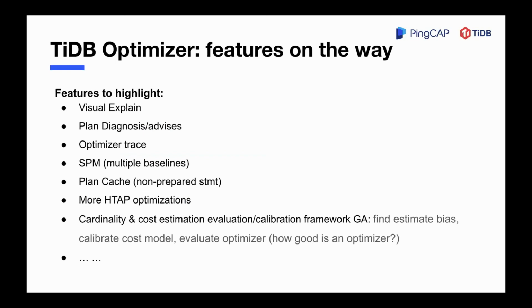This is important for cloud users. Why? Traditional database users, for example in big companies, have a DBA team with query tuning experience and expertise. But the majority of cloud users probably don't have such expertise. So we need to give them automatic plan diagnosis and advisories.